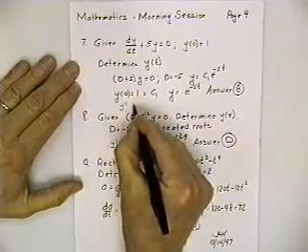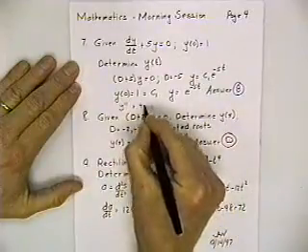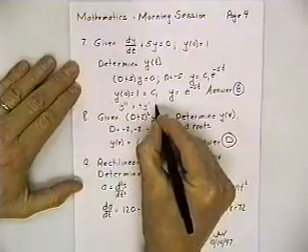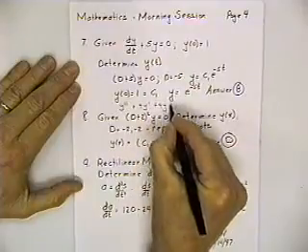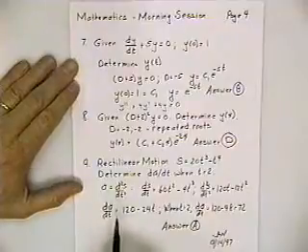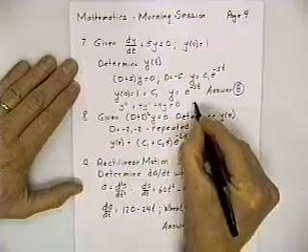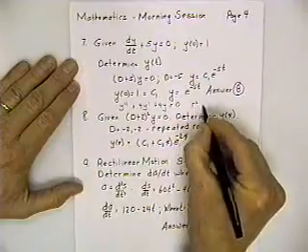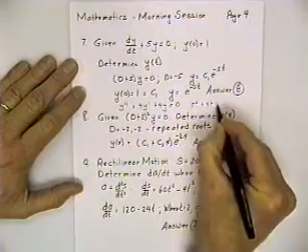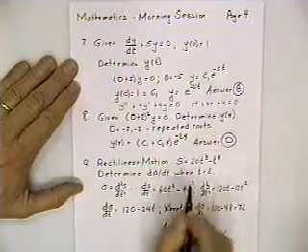It's y double prime plus 4y prime plus 4y equals 0. Now that will give you the characteristic equation, r squared plus 4r plus 4 equals 0.